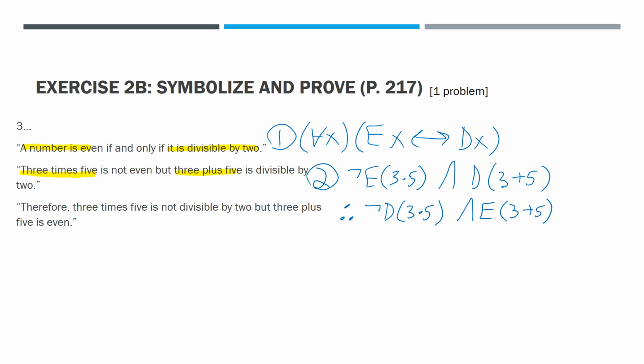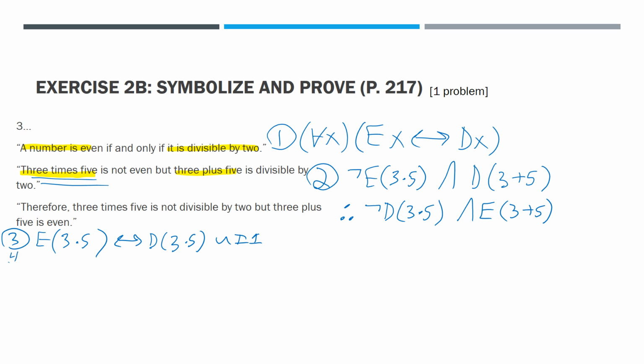We'll do universal instantiation with 3 times 5. So for line 3, we'll get E, and we're substituting 3 times 5 into that x, so E 3 times 5, if and only if D 3 times 5 by the universal instantiation of sentence 1.